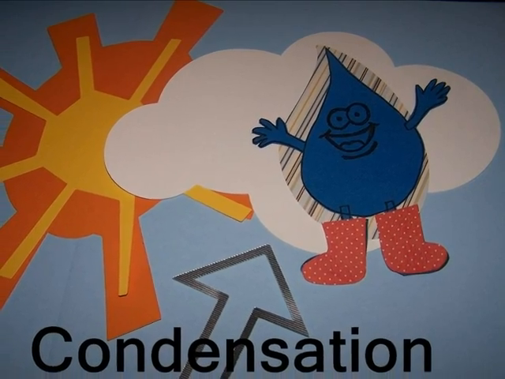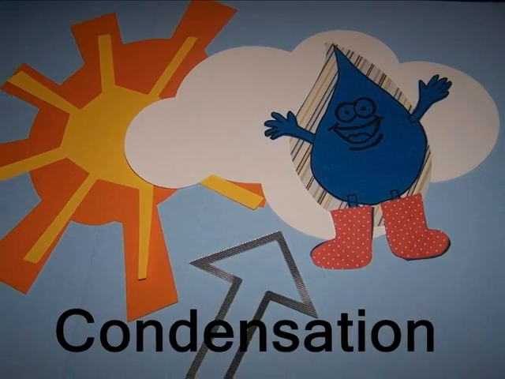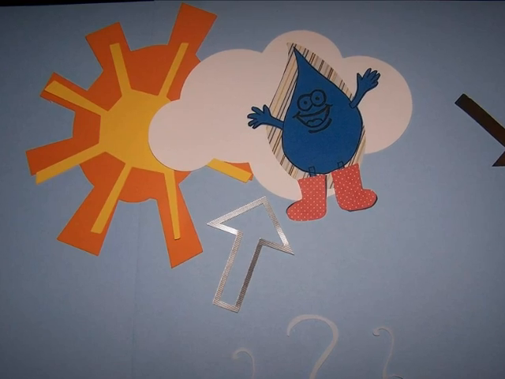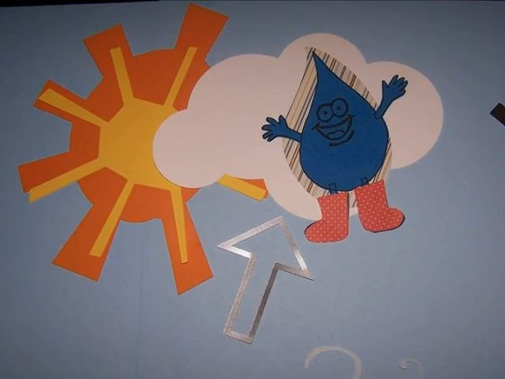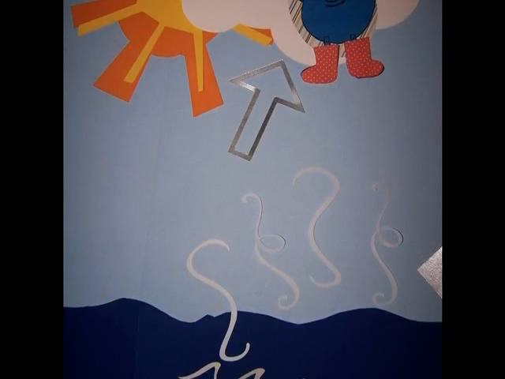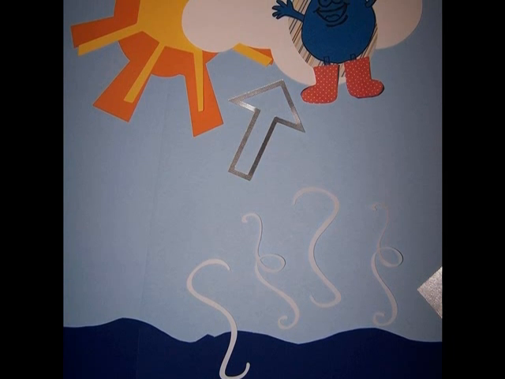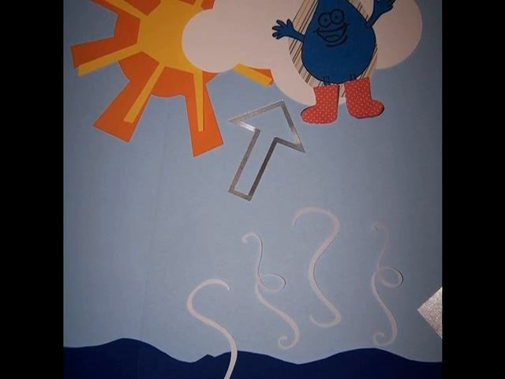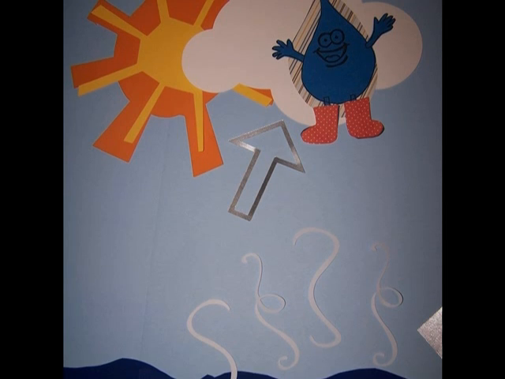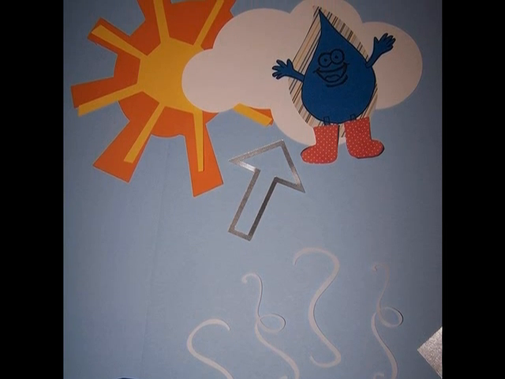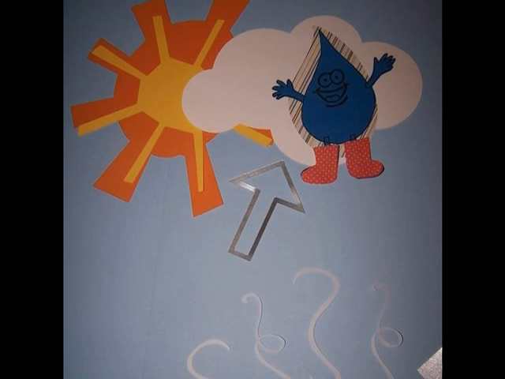Do you remember what it was, students? Oh yeah, you guys were paying attention. Yes, they were. Okay, students, here's a bonus question. Do you remember the last part of the water cycle?